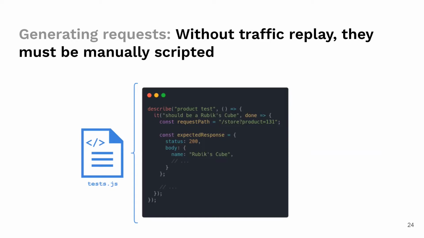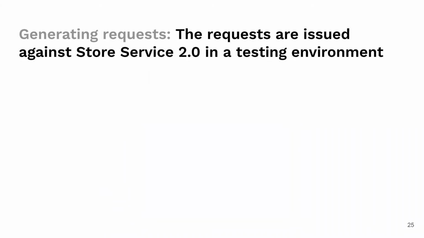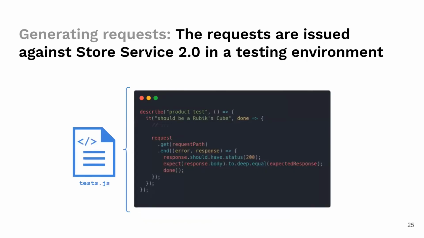This is a brief example of what that looks like. The developer comes up with a list of requests to issue against the service under test, and a response they expect the service under test to respond with. Then they issue those requests against an instance of the microservice that they spun up in a testing environment and compare the actual responses received with the expected responses.